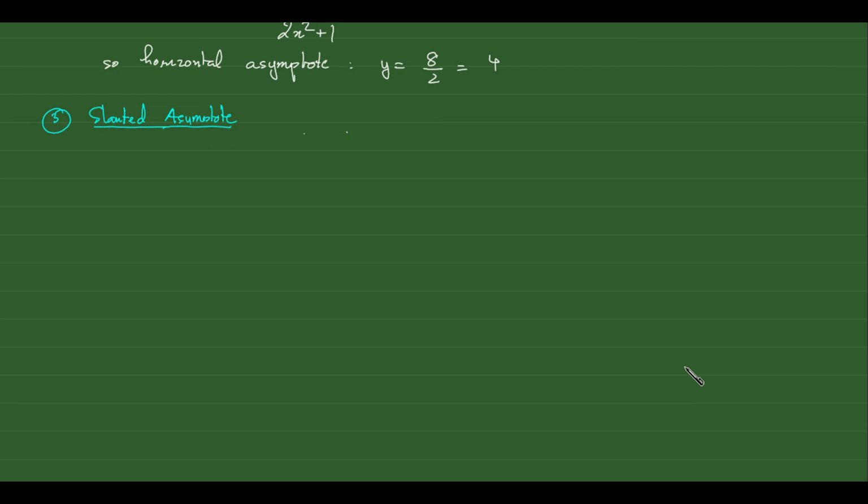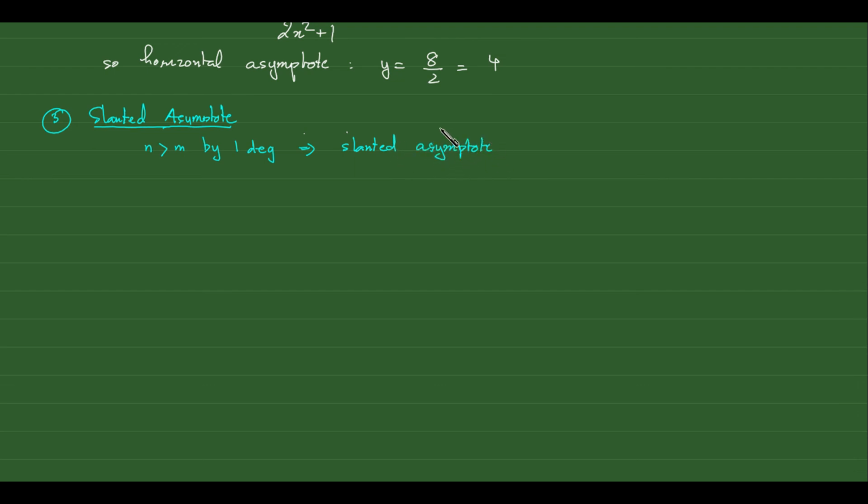So we know that if the degree on the top is greater than the degree at the bottom, we have a slanted asymptote. But not all the time. There's some condition. If the degree on the top, which is n, is greater than m by 1 degree only, then we have a slanted asymptote.